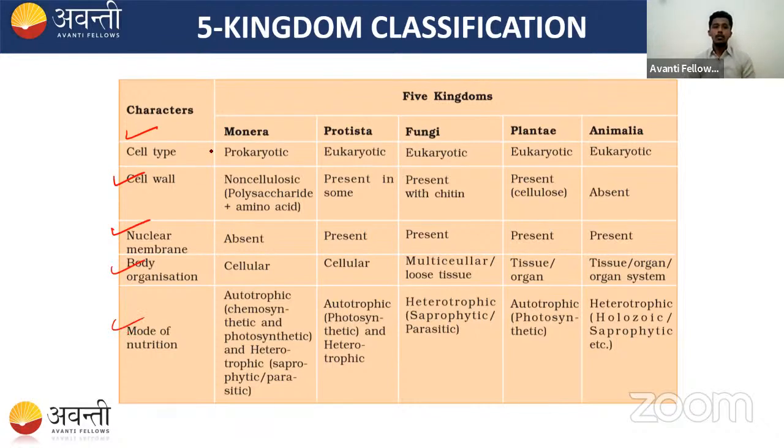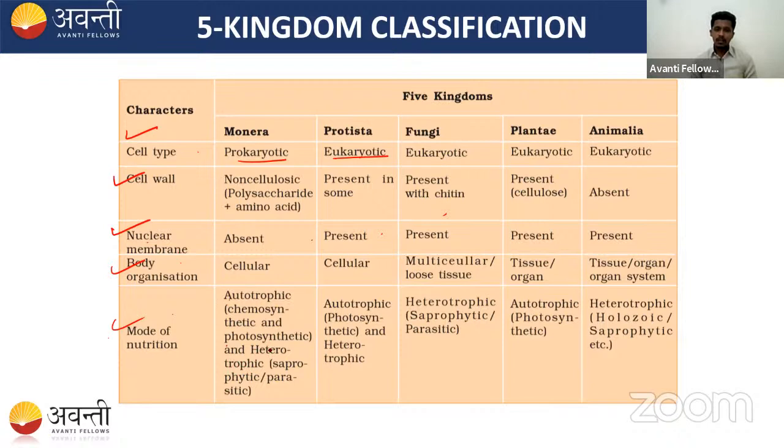For example, if you talk about cell type, he divided the organisms into prokaryotic or eukaryotic. Cell wall type, whether it is made up of cellulose, or chitin, or the cell wall is absent, or it is made up of polysaccharide and amino acids. Next, nuclear membrane, whether it is present or absent, that is based on prokaryotic or eukaryotic. Body organization, whether they're cellular level, tissue level, organ level or organ system level.